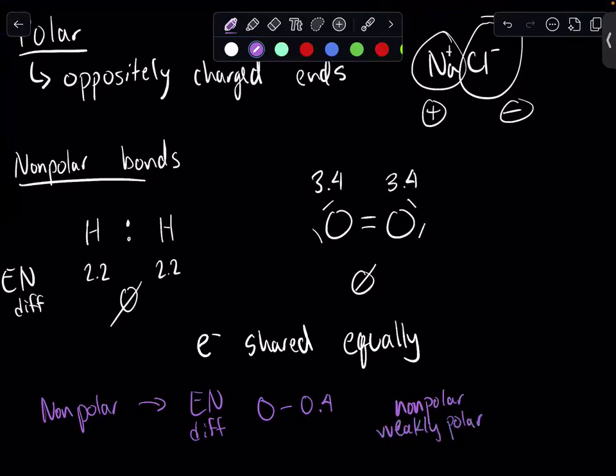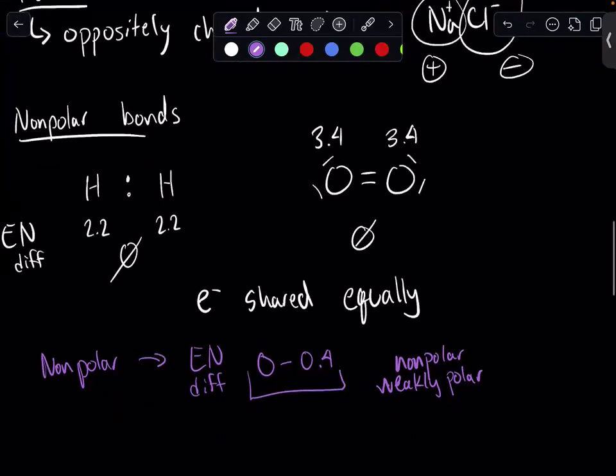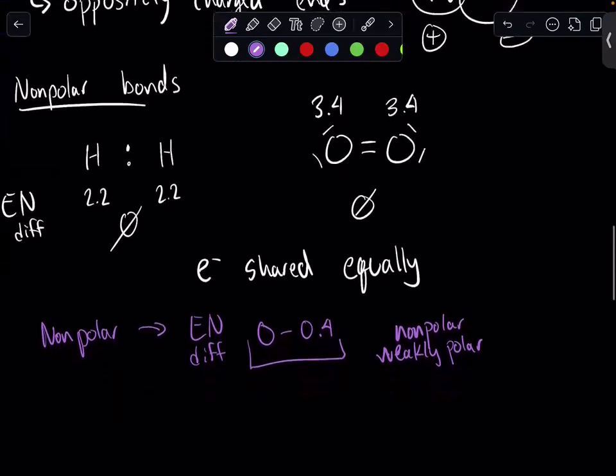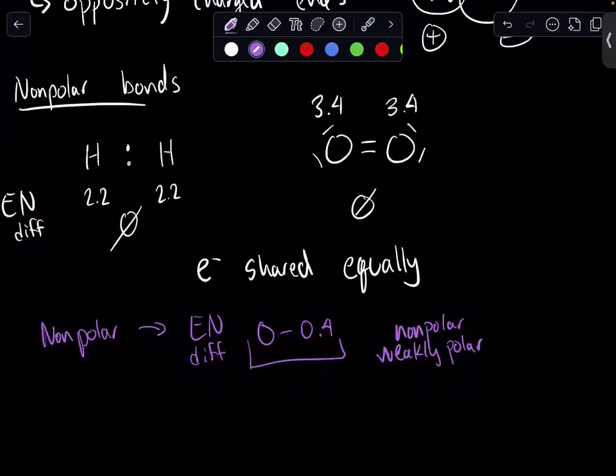When we say weakly polar, while they still do have some polarity, we kind of almost assume it's near negligible compared to either another molecule, another bond, or another aspect in this molecule that we're looking at. So anywhere from 0 to 0.4, we call these nonpolar or weakly polar bonds.